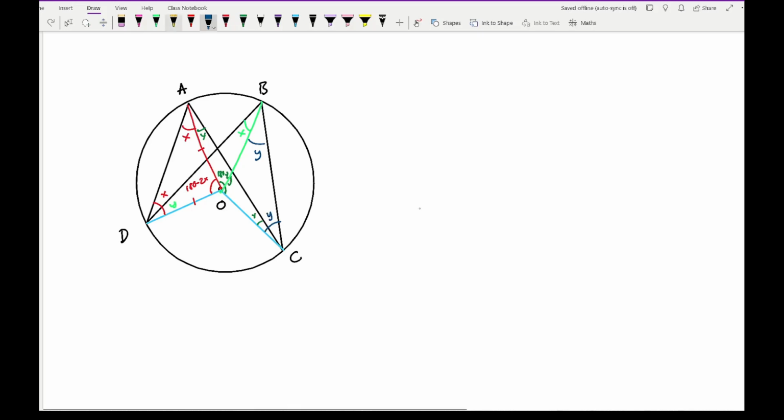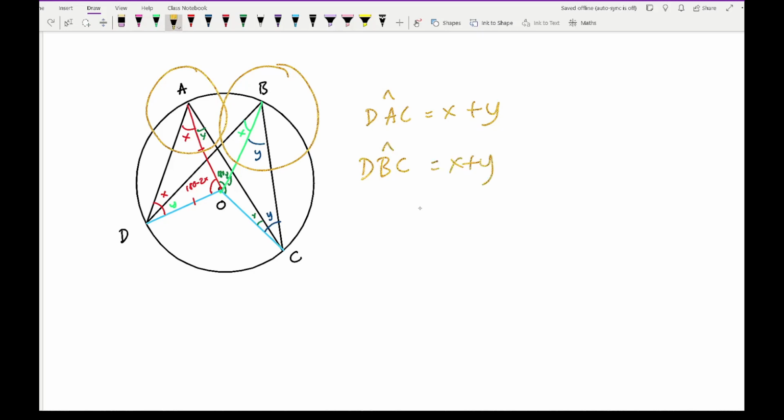Now, one thing you should notice is that if I look at this angle of DAC, then that's going to be equal to x plus y. And if I look at this angle here, which is DBC, then that angle is also x plus y. So therefore, I've gone on to show that they are the same.